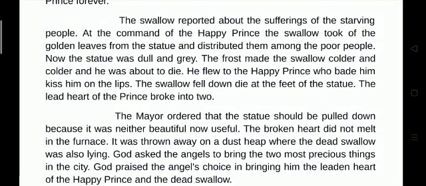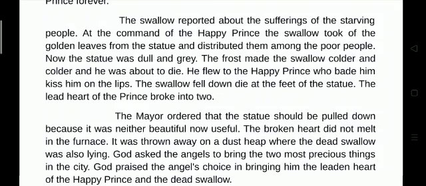So the swallow was going to Egypt to live in a favorable climate. But now the climate was becoming extremely unfavorable for the swallow. So it remained there, and it was getting colder and colder, and he was about to die.